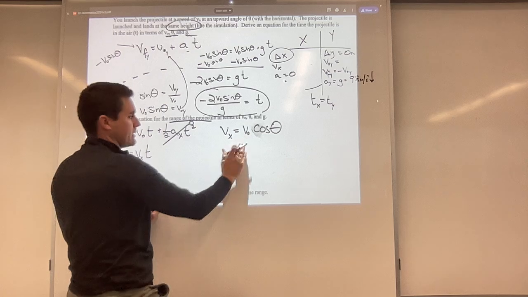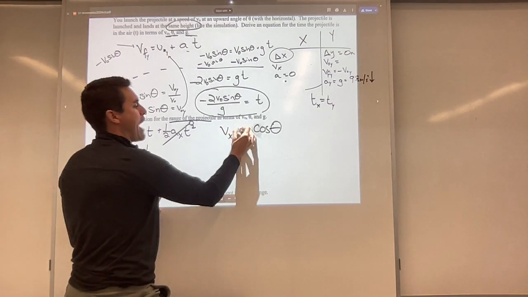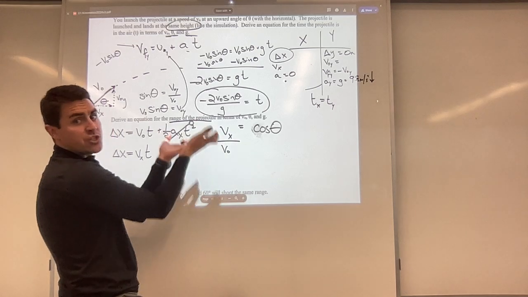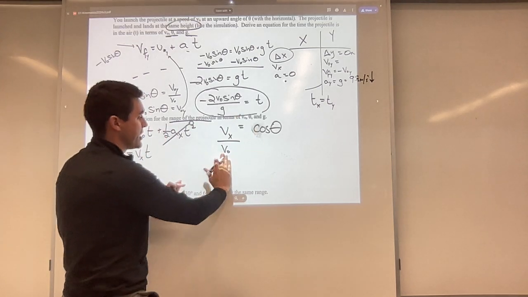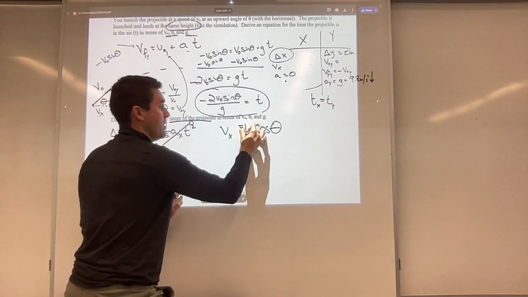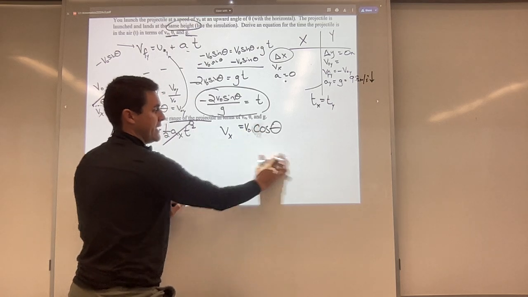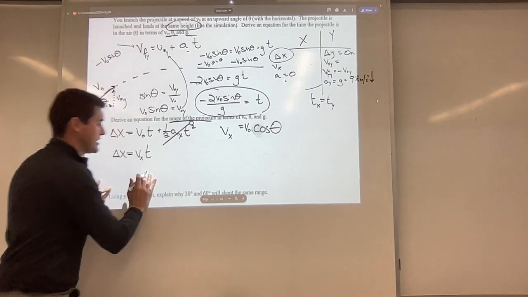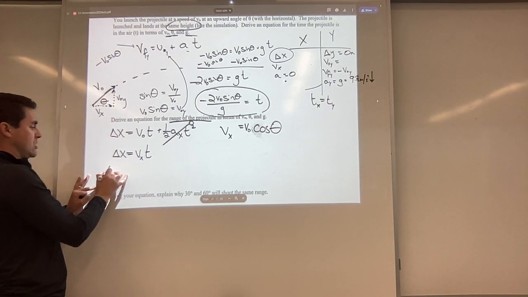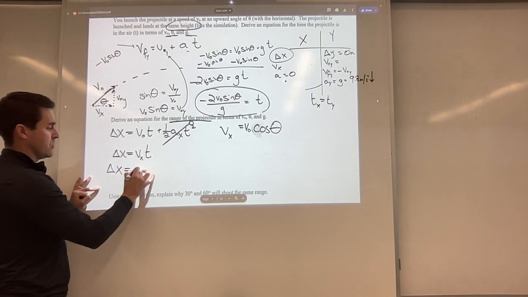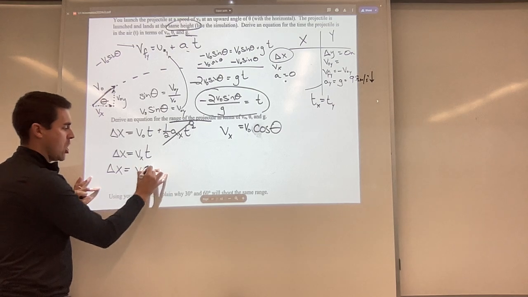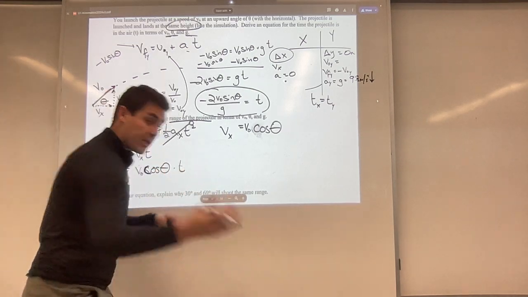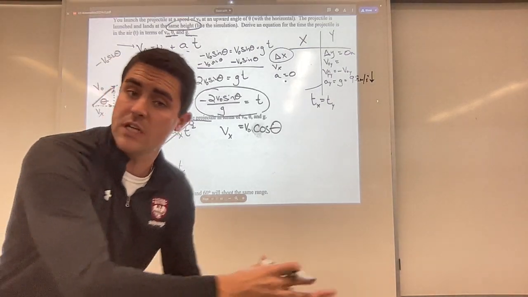Cosine theta equals adjacent over hypotenuse. Multiply both sides by v0, and I end up with v0, or speed, cosine theta is vx. Sorry, I'm jumping ahead. In order to find this, let's say delta x is equal to speed cosine theta times time. And I'm done. I solved it. I found vx.